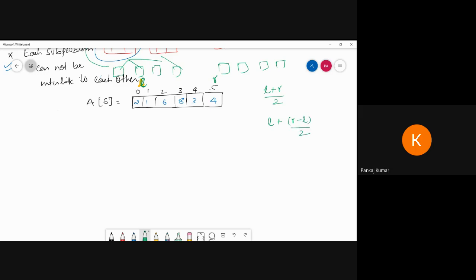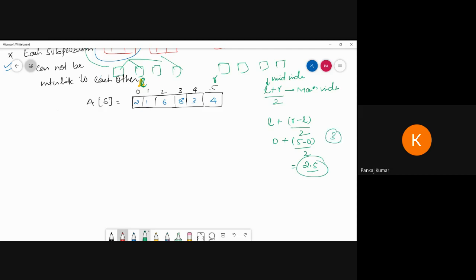L is the minimum index and R is the maximum index, so don't be confused about these values. Here it is 0 plus (5 minus 0) divided by 2, which gives 2.5.